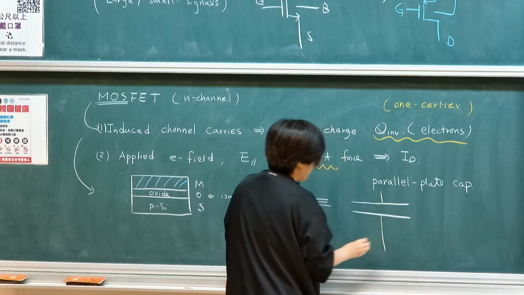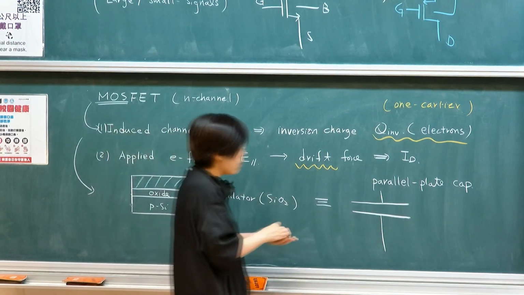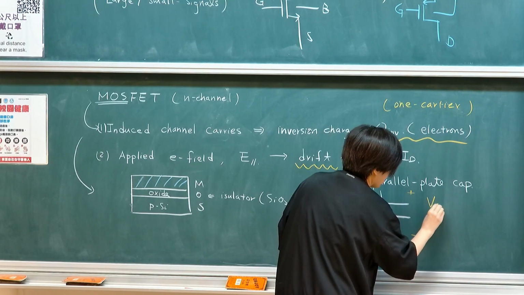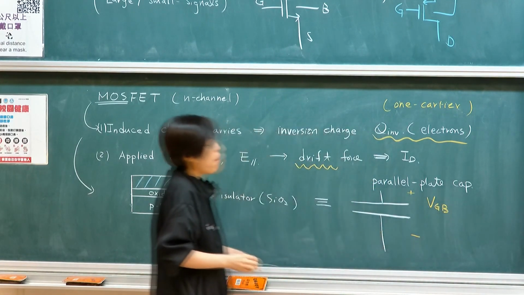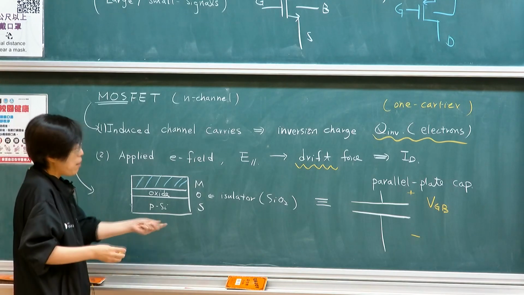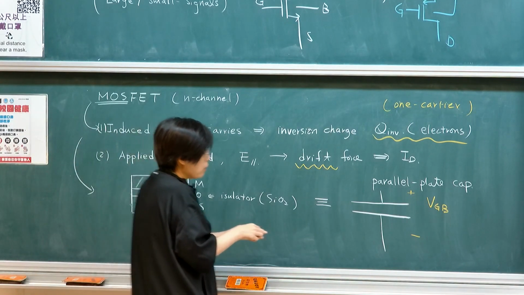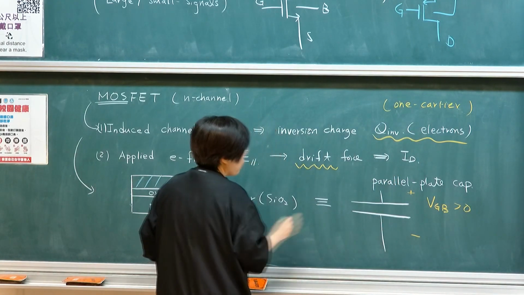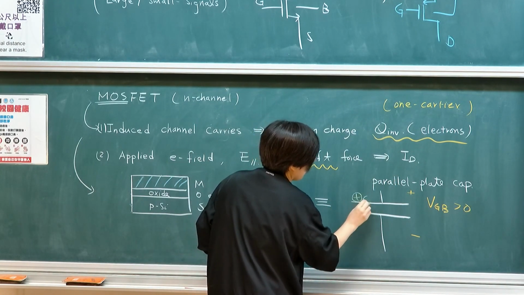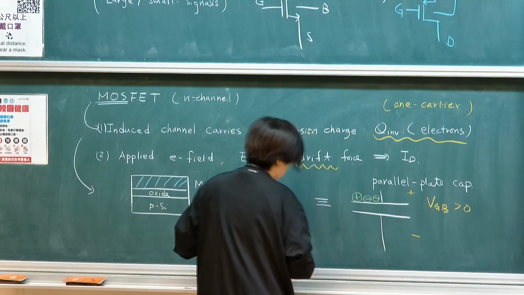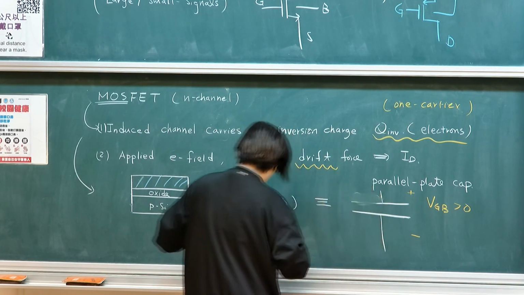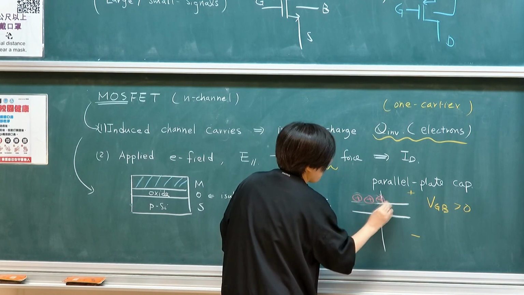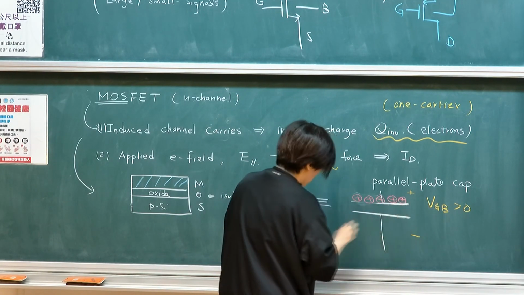If you have a parallel plate capacitance, what happens is that if I'm applying voltage on the gate, so this is the gate, and underneath is the body. Between the gate and body, if I'm applying a positive voltage, there will be positive charge on top and negative charge on the bottom.